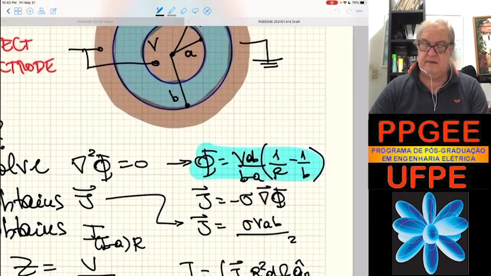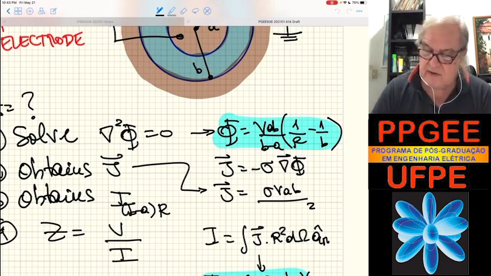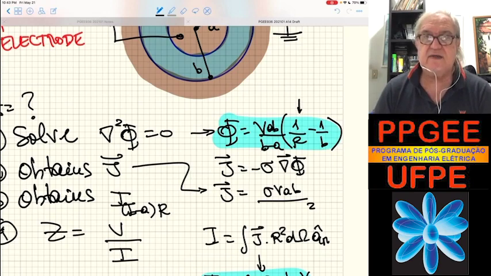The potential is V_AB divided by B minus A, times 1 over R minus 1 over B. Obtain J equals minus sigma gradient of phi. Well, the gradient of phi is the derivative of 1 over R, which is minus 1 over R squared, times minus 1.